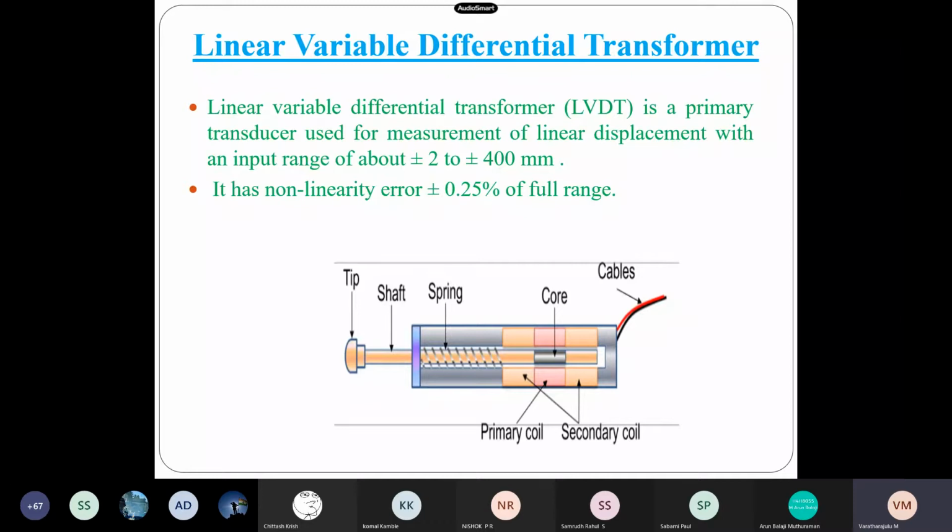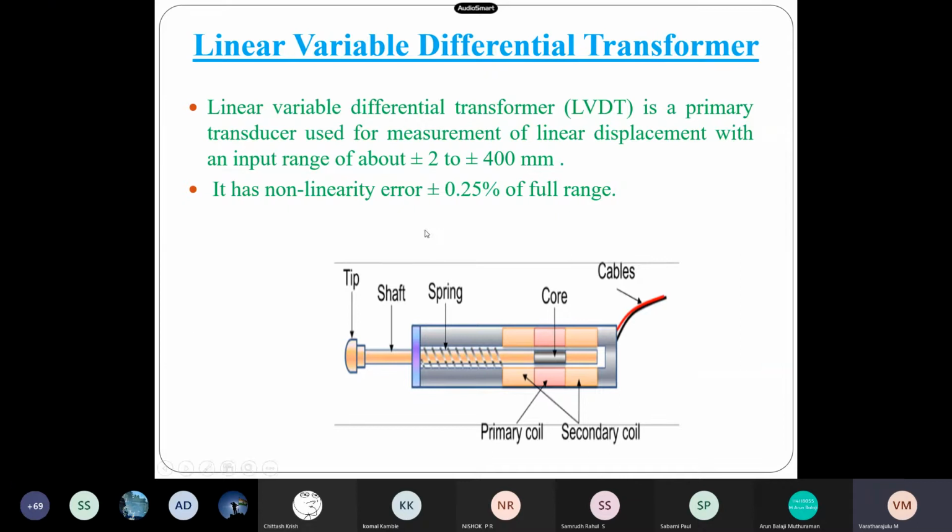It has a linearity error of 0.25 percent, and in the LVDT we have three different coils. One is the primary coil at the center. On the other two sides, left and right, we have secondary coils, which are equally spaced, and the number of turns is uniform in all three.